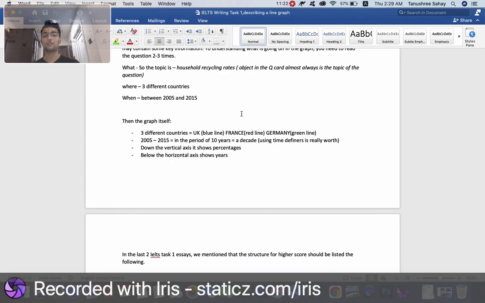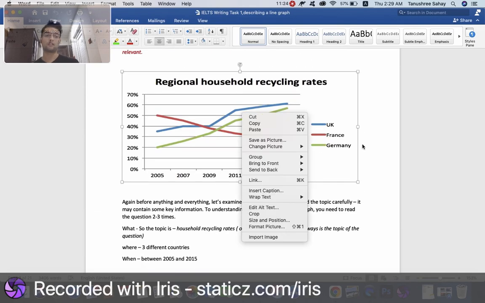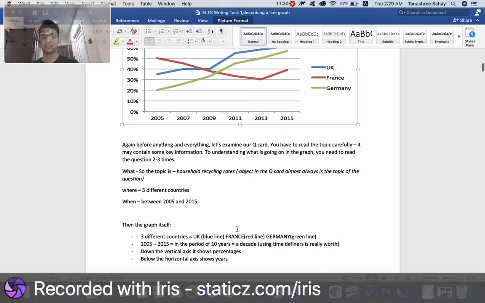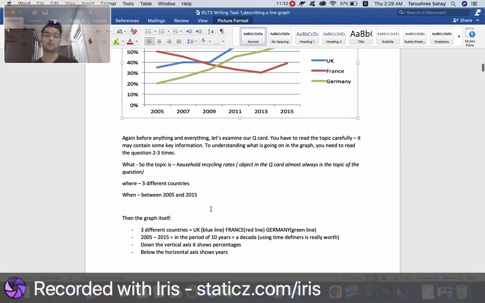So we have 3 different countries in the graph. It shows UK, France, and Germany. I'm writing it down, and the time period is between 2005 and 2015, which means a period of 10 years, and it equals a decade.